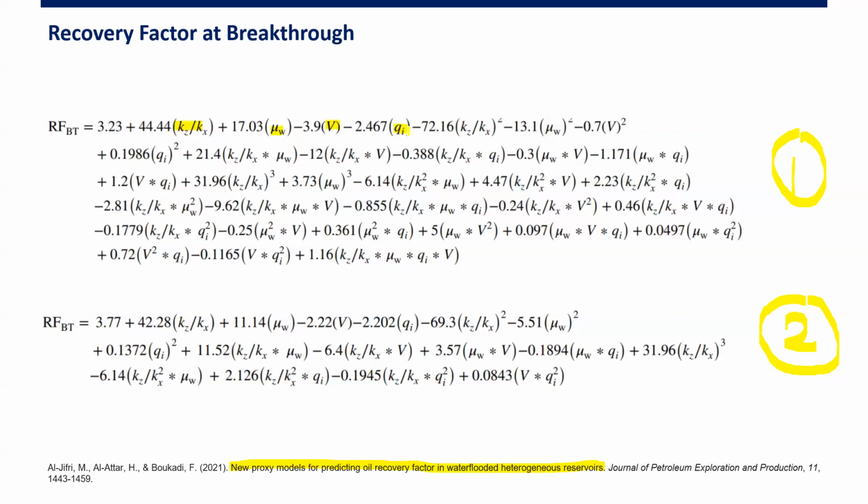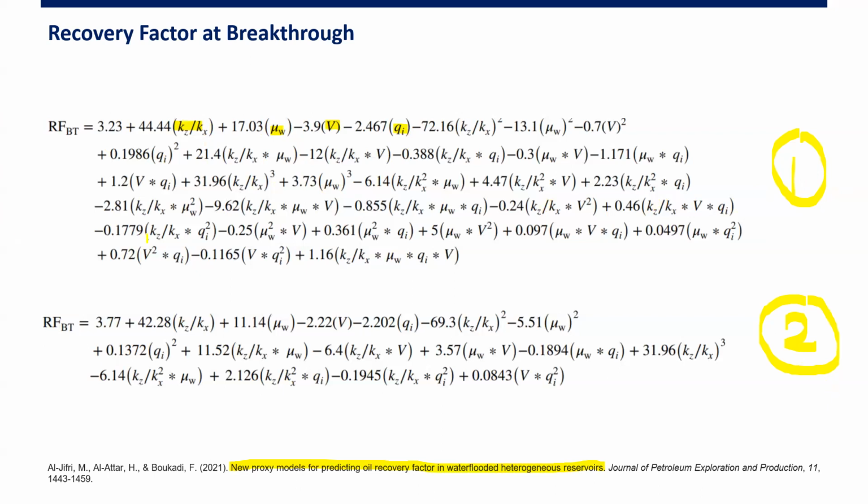They perform reservoir simulations by varying these 4 parameters, making hundreds of scenario runs, and from those results they came up with these correlations, the expanded form and the reduced or simple form.